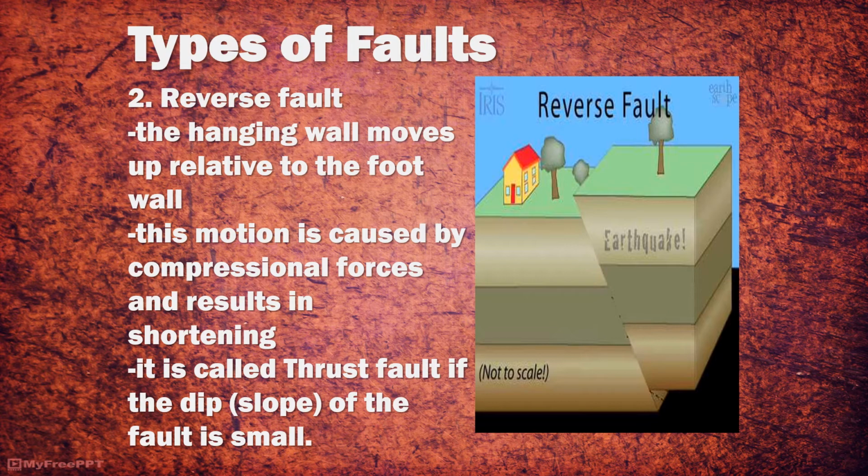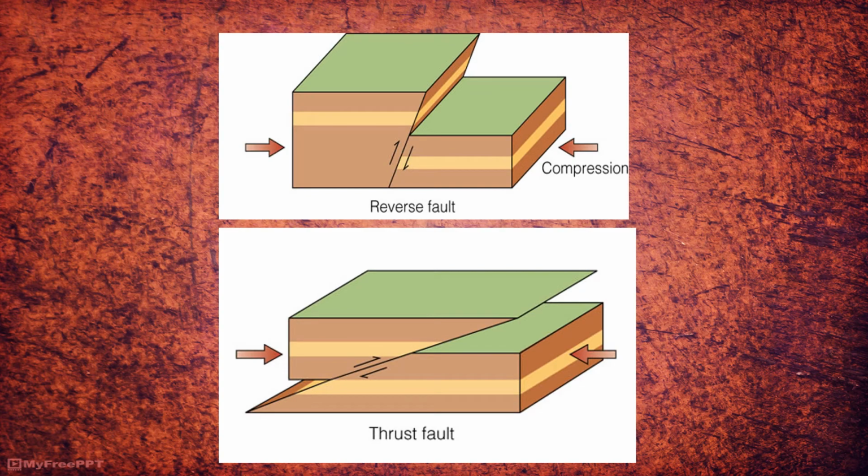Imbes na yung kanina sa ating normal fault, yung hanging wall natin ang bumababa, but when we talk about reverse fault, yung ating hanging wall ang mas mataas kaysa sa ating foot wall. Reverse fault usually ay ang pag-akyat, and then the thrust fault ay kapag mas mababa ang pag-akyat nito.